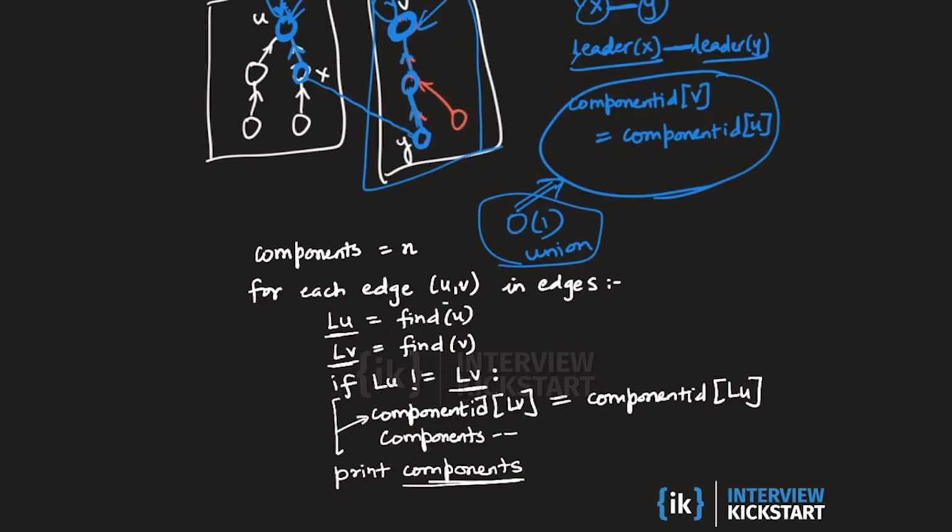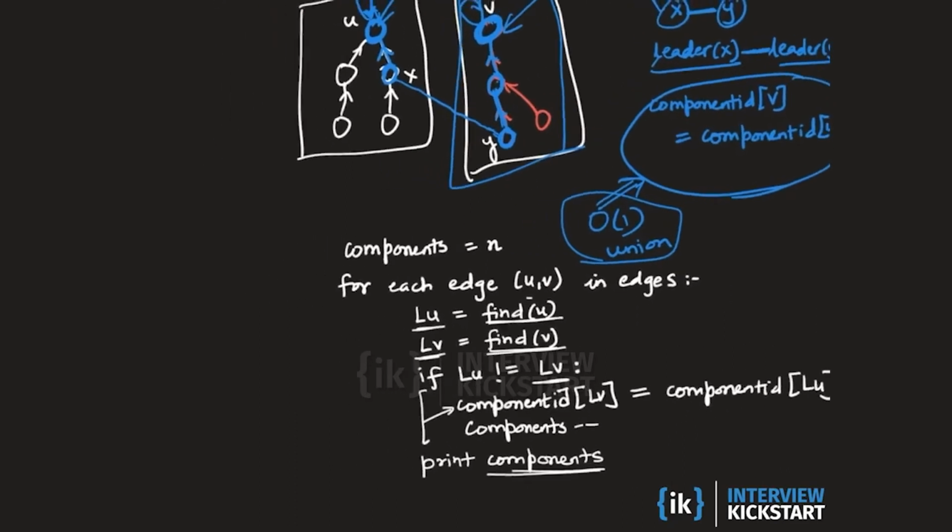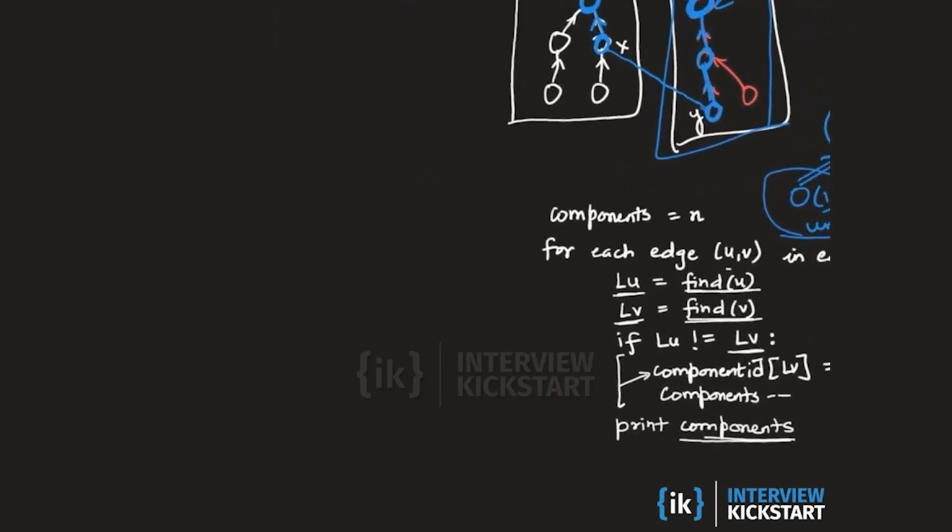Now we do need to write the code to find who the leader of each component is. So let me do that here. Let me just write a function that will find the leader of an arbitrary vertex, say x.